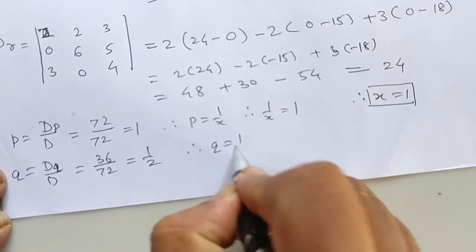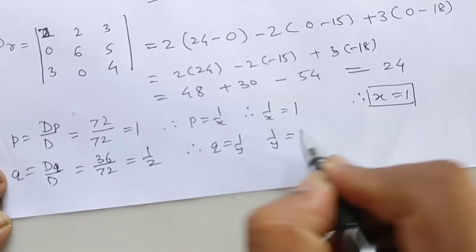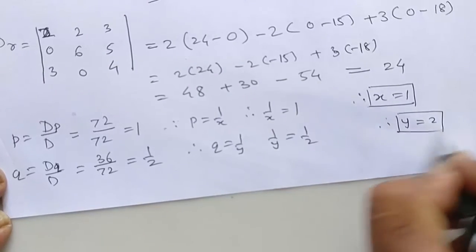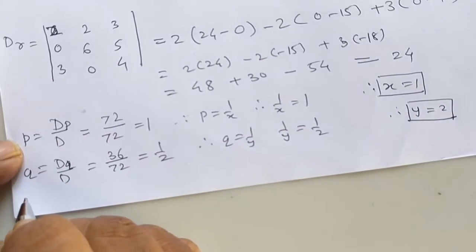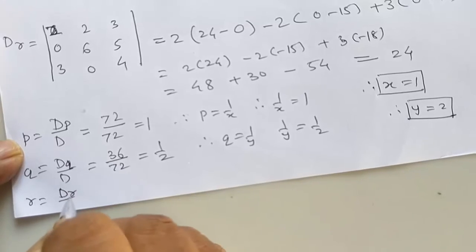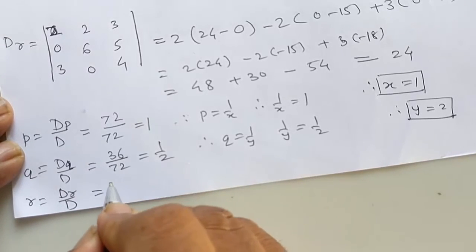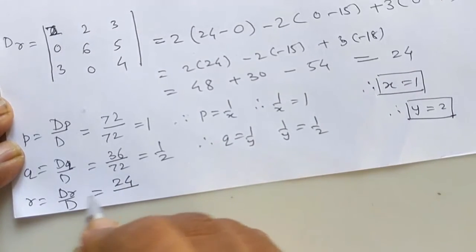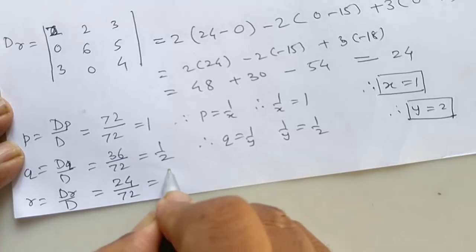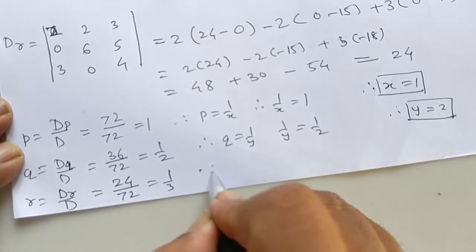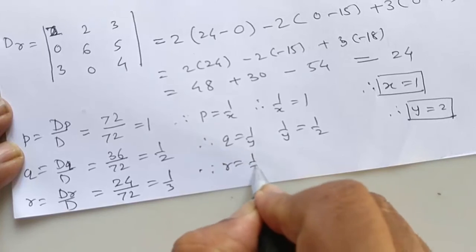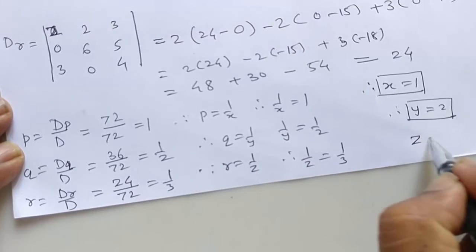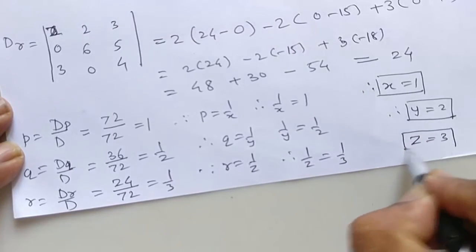Therefore Q is equal to 1 upon y, so 1 upon y is equal to 1 half, therefore y is equal to 2. And finally R is equal to dR upon D. The value of dR is 24 and D is 72, so it is 1 by 3. Since R is equal to 1 upon z, therefore 1 upon z is equal to 1 upon 3, so z is equal to 3.